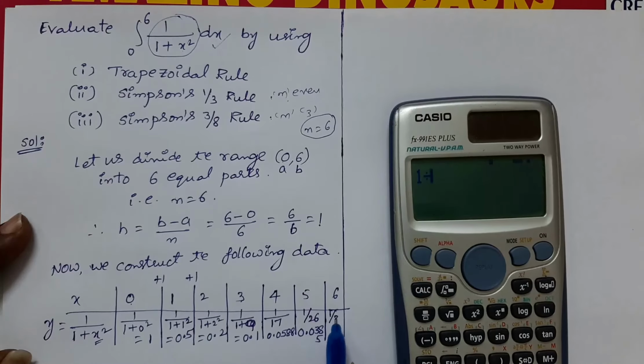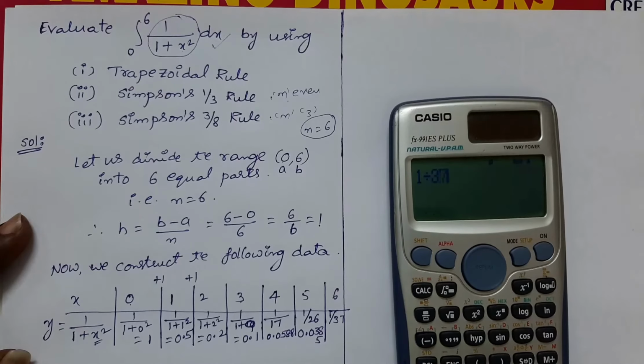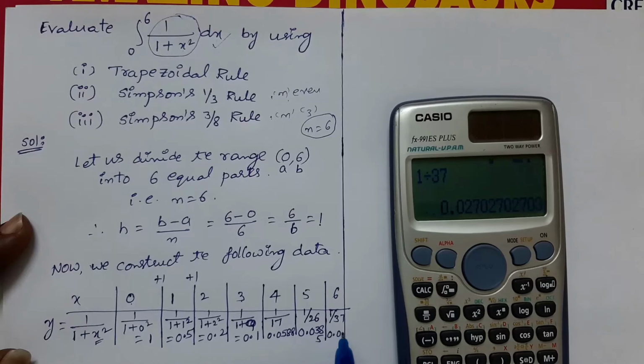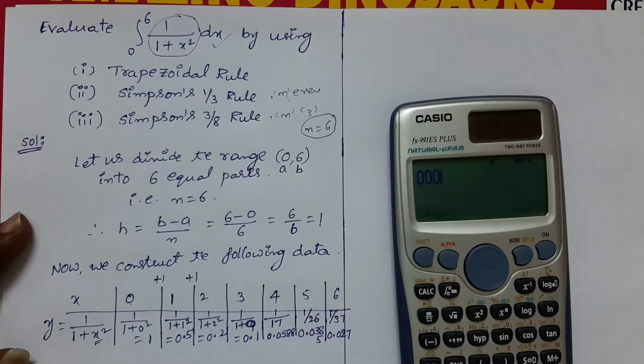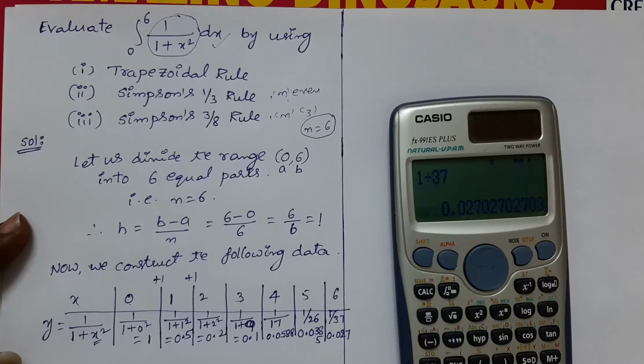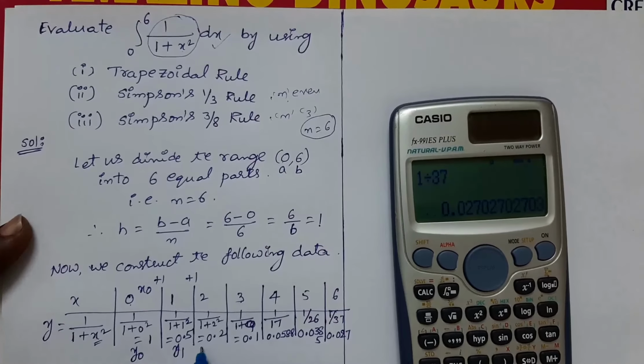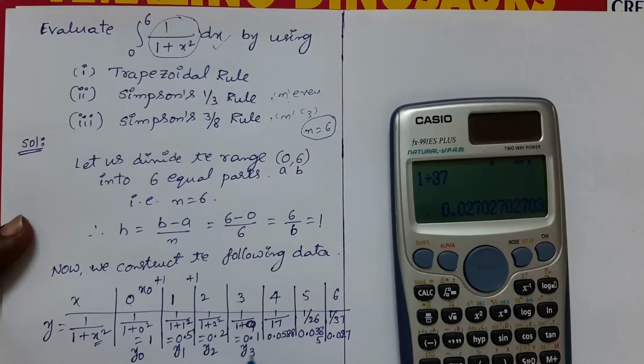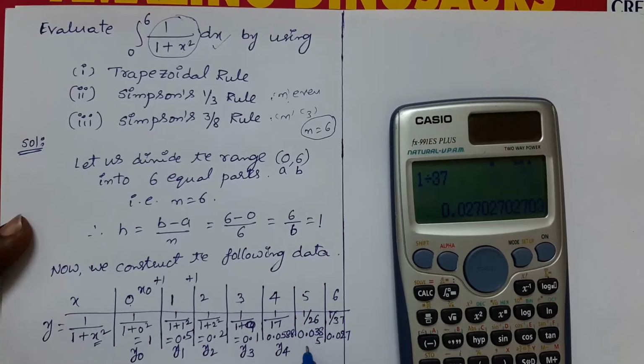So 1 plus 36 is 1 over 37, which is 0.027. Once again I will check it. Yes, 0.0270. And you should put the names: this is x0, that's why this is y0, and y1, y2, and so on. These are all known as functioning values. Don't forget to put the names for the y values.